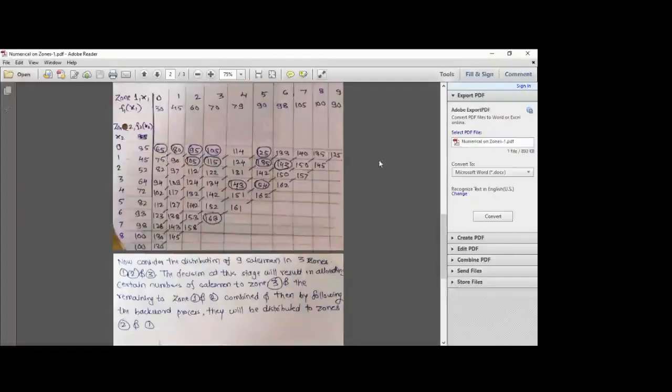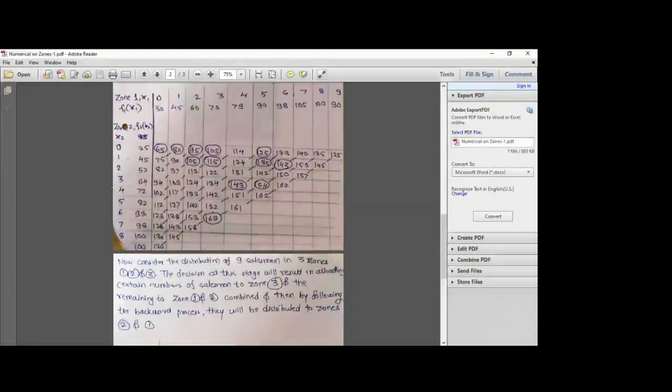So now the maximum value amongst this 94, 97, 105 and 105 is what? It is 105, which is appearing twice, and hence I have circled this 105 and this 105 as well.